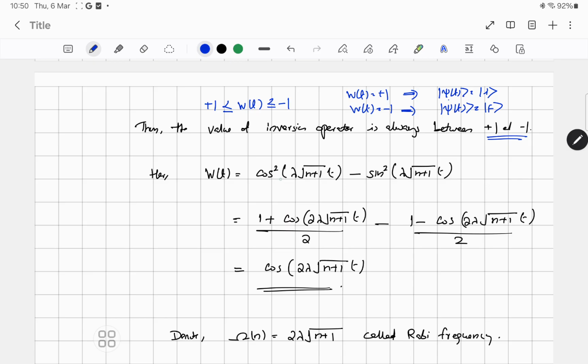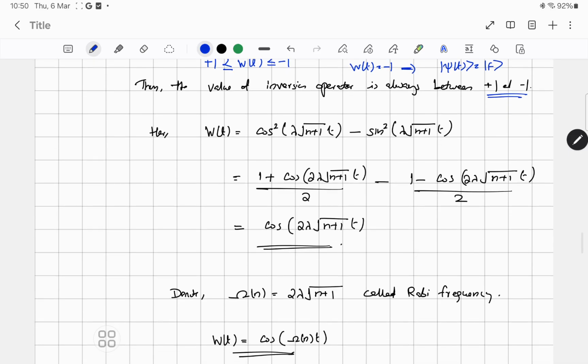So W of t is cos square lambda root n plus 1 t minus sine square lambda root n plus 1 t, and you just do the simplification. I can expand cos square and sine square in terms of cos. So finally you will get the result as cos of 2 lambda root n plus 1 into t. That means W of t dynamically varies with time.